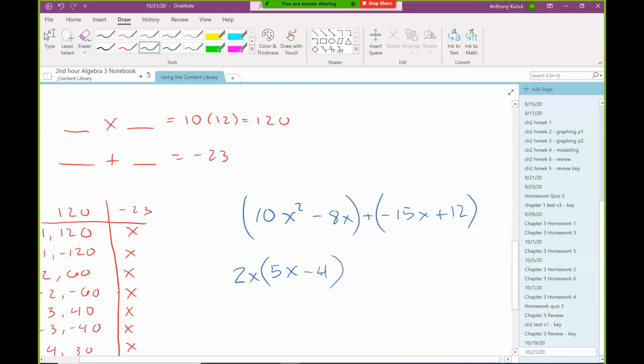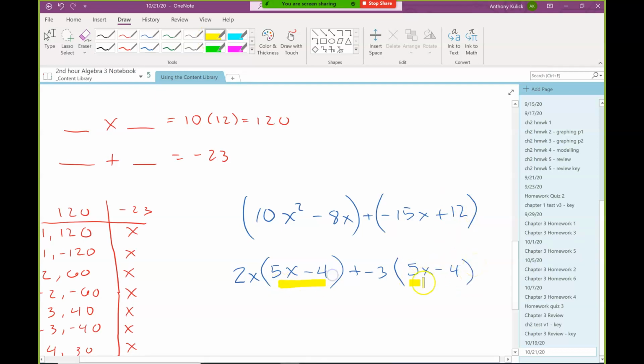Now let's look at the next group. I would do negative 3. Let's see why negative 3 would be important here. So negative 15x divided by negative 3 is positive 5x. And positive 12 divided by negative 3 is negative 4.